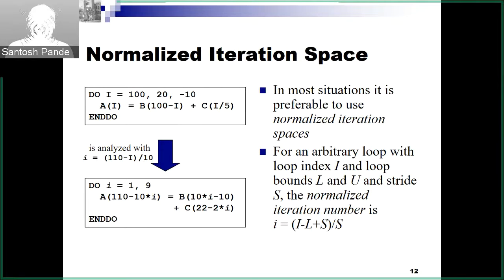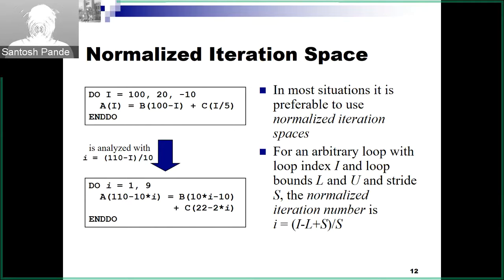The first transformation we will do is to come up with a normalized iteration space, and that is to facilitate the analysis and, more importantly, to facilitate the transformation which immediately follows this.